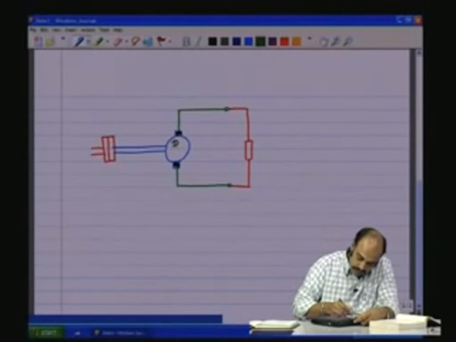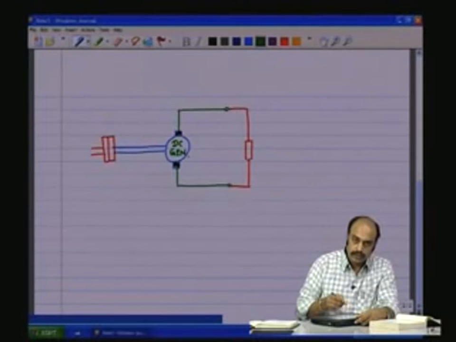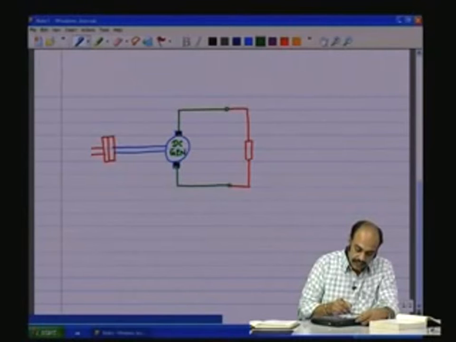So, this is the DC generator. The armature, the conductors in the armature, the poles, all those things are contained within this circle, and the commutator.